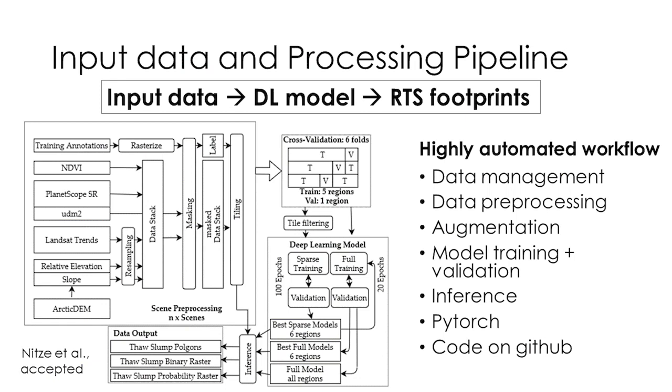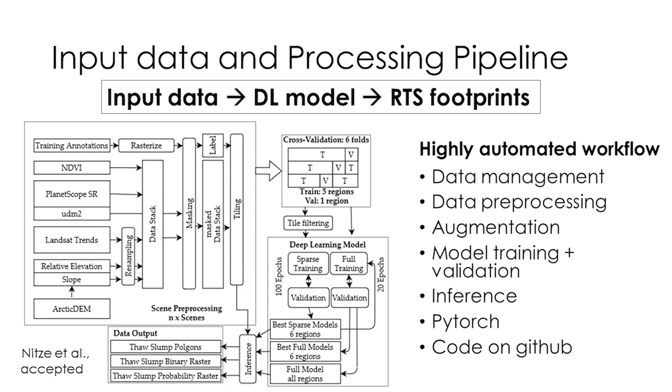So we created a highly automated workflow which takes care of the data management and data processing, augmentation, which means adapting the training imagery to increase the training size, but also to introduce some noise and rotation to better generalize the model and to have a more transferable and generalizable model.